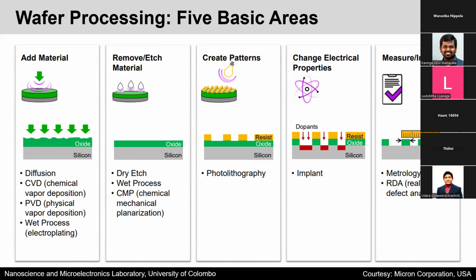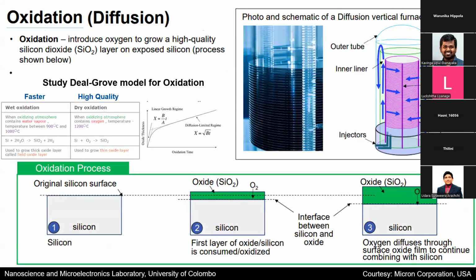We can remove certain materials from the silicon wafer by etching or by chemical mechanical polishing, and we can also create certain patterns by photolithography. Then we can change the electrical properties of the wafer by doing dopant implantation, right? So we can go over them very quickly.